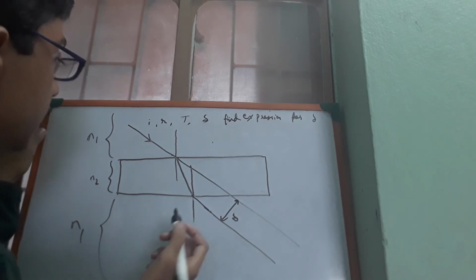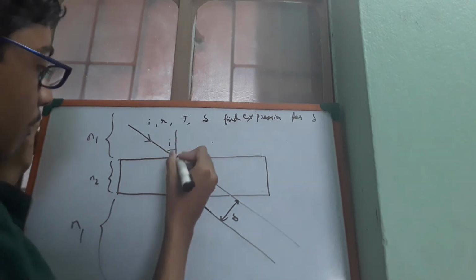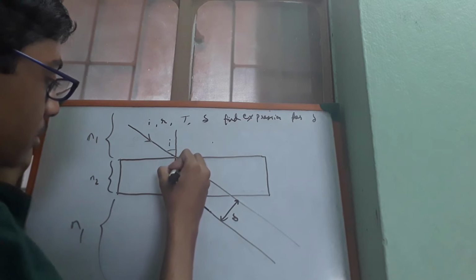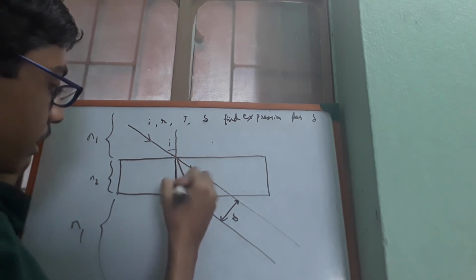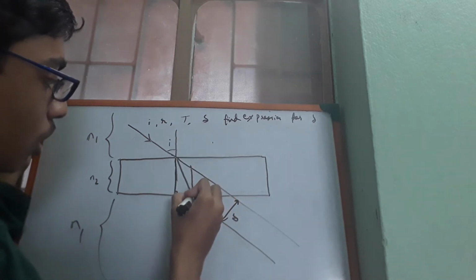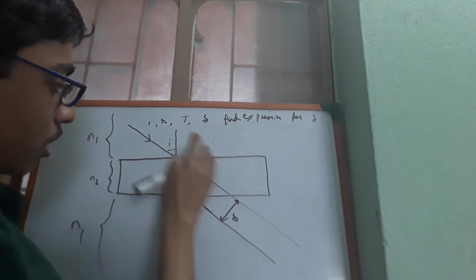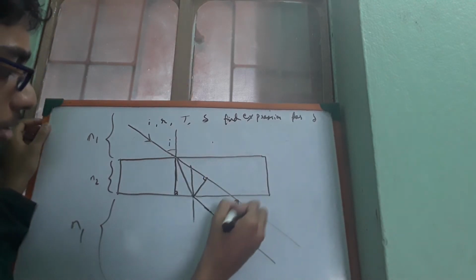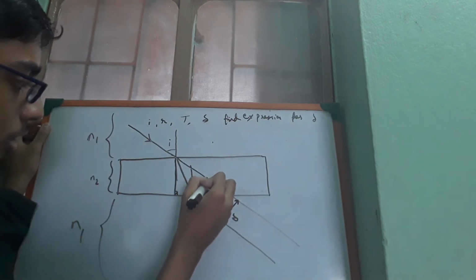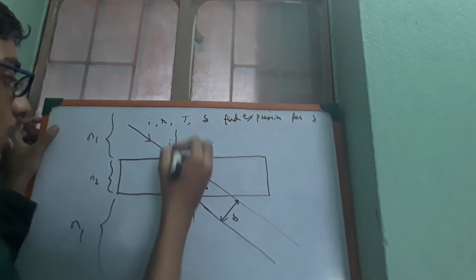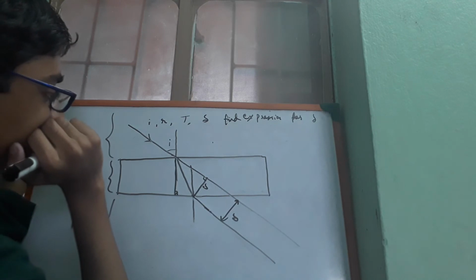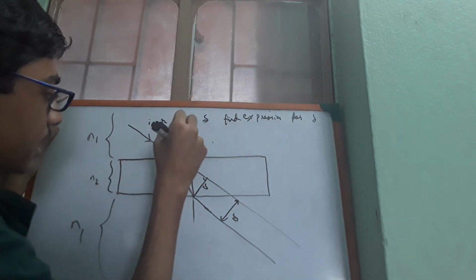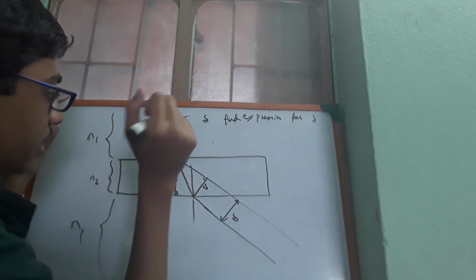And what is your incident angle? Obviously this angle here, I. Let me produce this here. I need to do one more construction. Draw one line here perpendicular to this line, 90 degrees. These two lines are parallel, so if this is del, then this line which I just drew is also del. If this angle is I, what is the refracted angle?